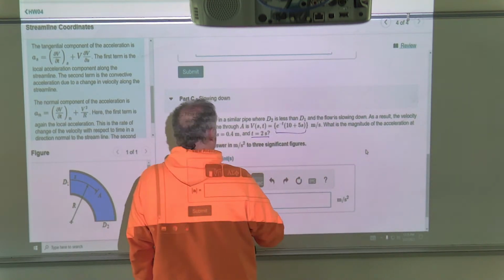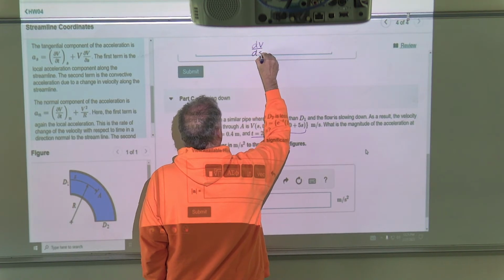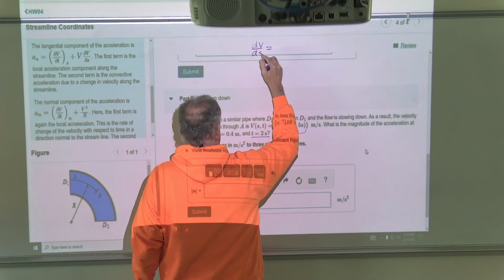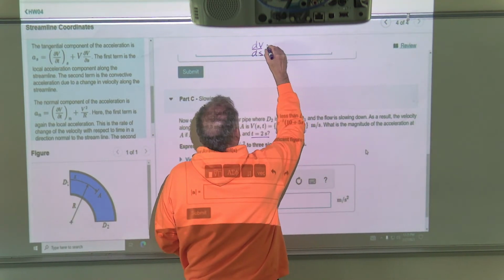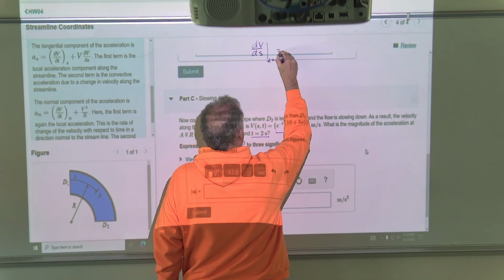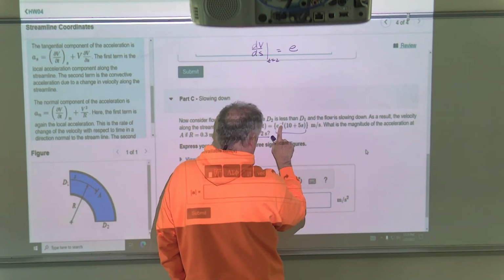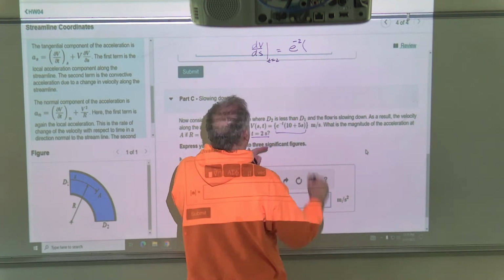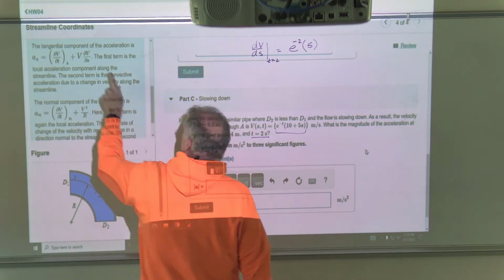If you look at this, dv/ds at t equal to 2 seconds: now take the derivative here, I get e to the minus 2, because that's just 2, and then the derivative of that is just 5. So that is that term.